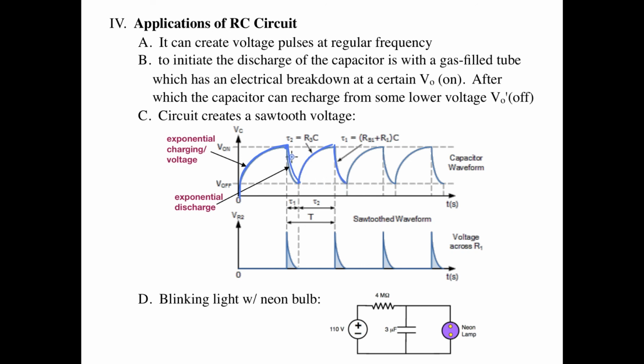And so we have these periods in time where the capacitor is providing a voltage and current source, and we see that in the graph below. This can be creating our pulsing, and this is a common way that a blinking light can be set up.